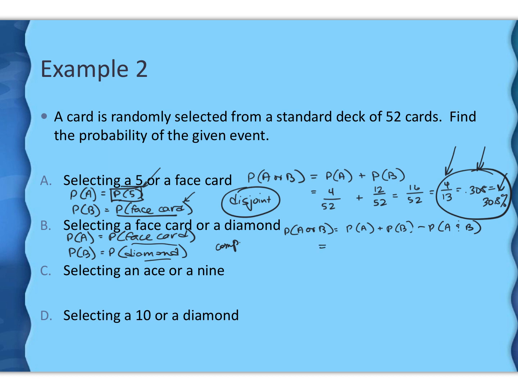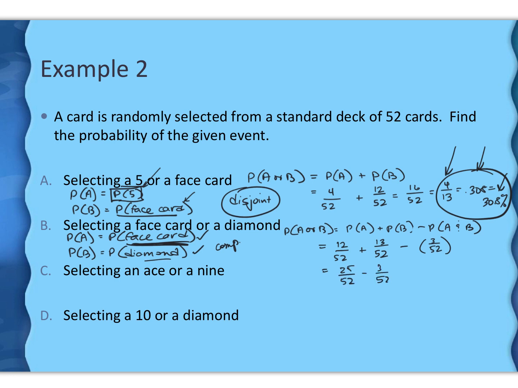So let's start. What's the probability of A? Well, the probability of getting a face card is 12 out of 52. The probability of getting a diamond is 13 out of 52. Remember, there's 13 of every suit. And then the probability of getting a face card and a diamond, well, there's 3 face cards that are diamonds. So it's going to be 3 out of 52. So now this is 25 out of 52 when I add it.